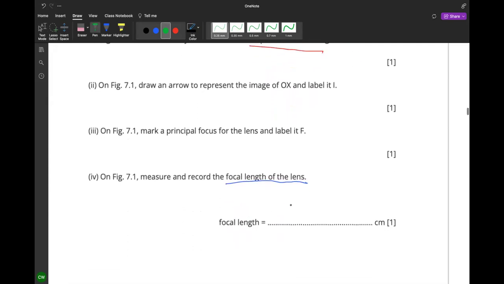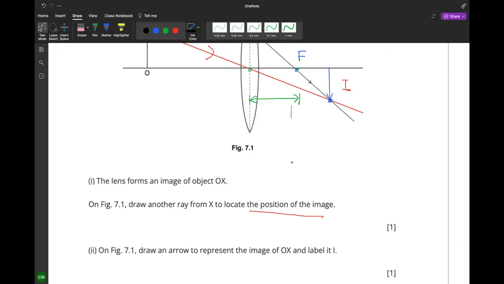Okay, so this is done. How long is it? What is the length of this line?